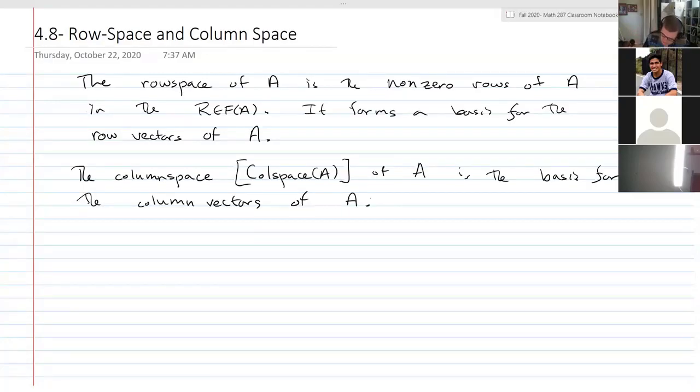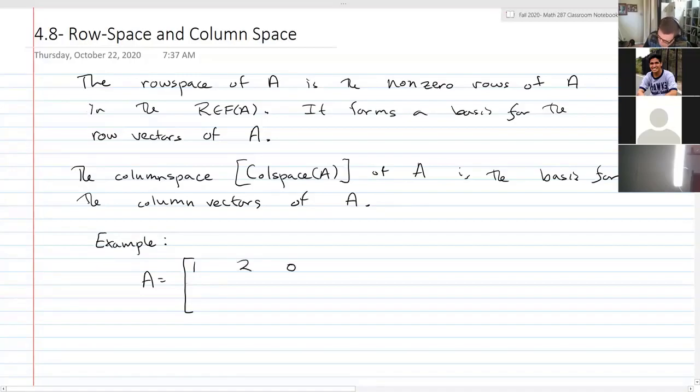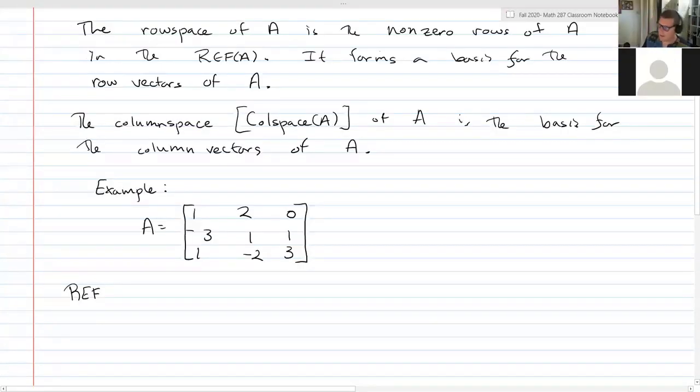And when we remove that, we end up with a column space. Okay, so let's take an example. We'll let A equal 1, 2, 0, -3, 1, 1, 1, -2, 3.